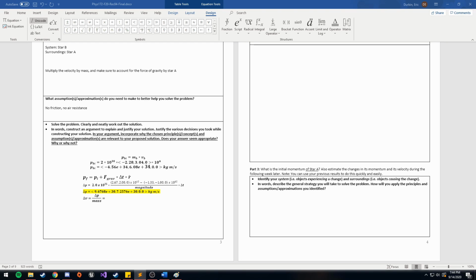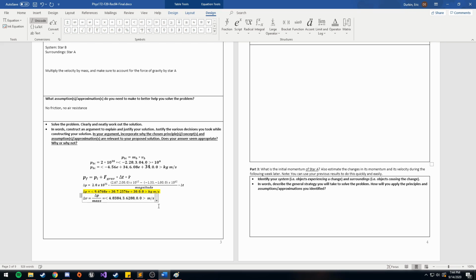The change in velocity is minuscule. Actually, the change in momentum is pretty big. Is it asking for change in velocity? It's asking for both.